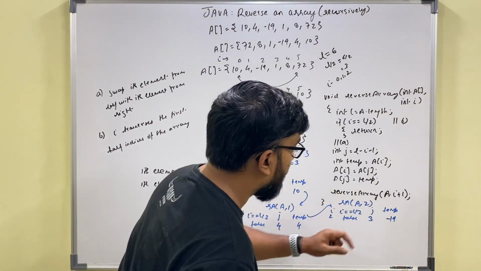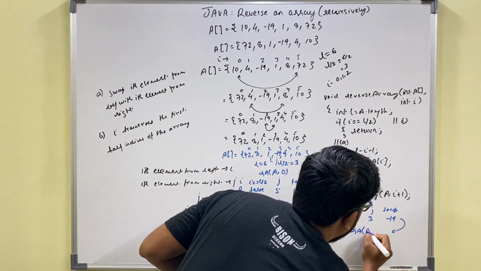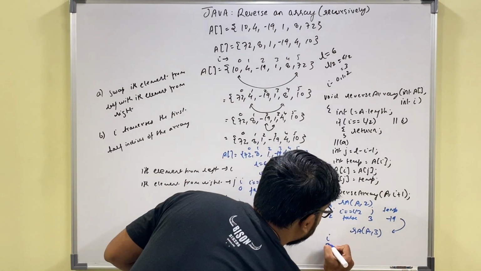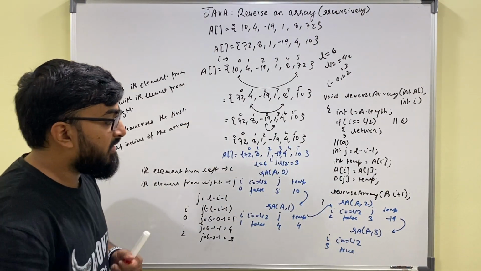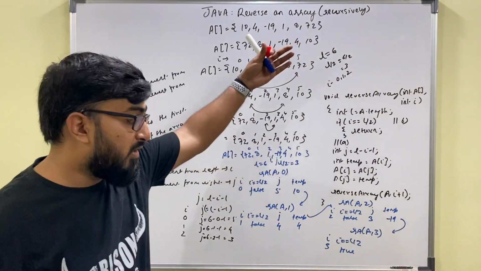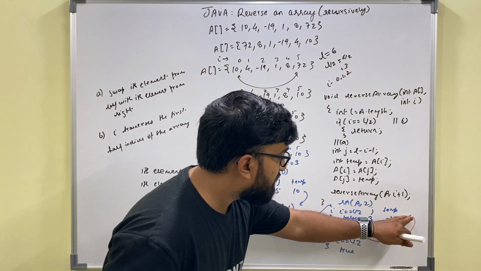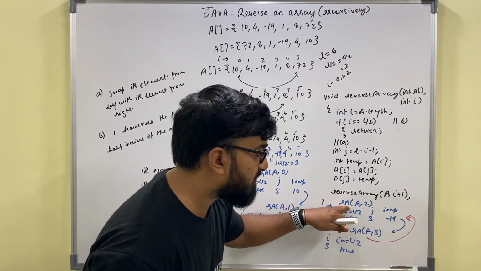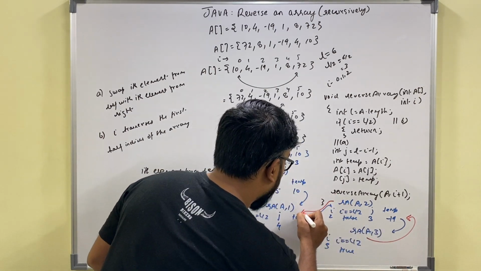You call reverse array with A and 3, I plus 1. Again I is 3, and I equal to L by 2 is true in this case. Since this condition is true, you return. When this call returns, the previous call also returns because this was the last statement there.